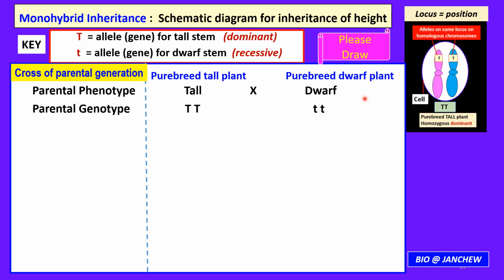For the tall plant, in each of its cells, it has one allele big T on the paternal chromosome. Let's say the pink one is the paternal chromosome, and another allele big T on the maternal chromosome. This is a pair of homologous chromosomes of the same size which carry the same type of genes.